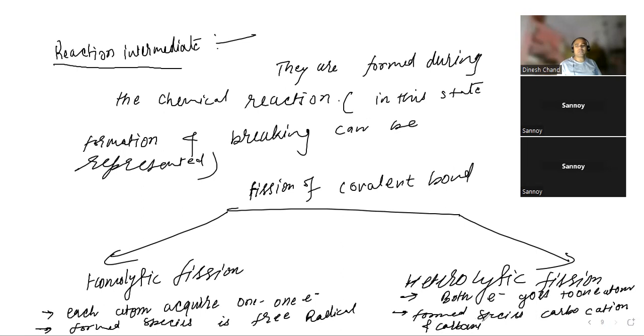One will have a negative charge, another a positive charge. Here in homolytic fission it will be a free radical, a dot will be there.